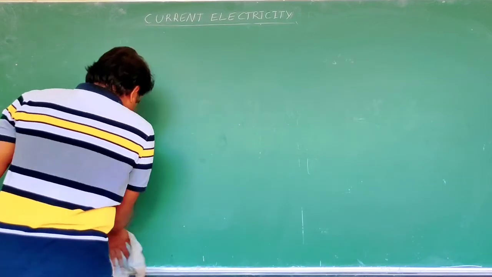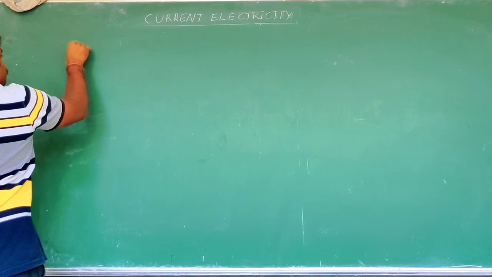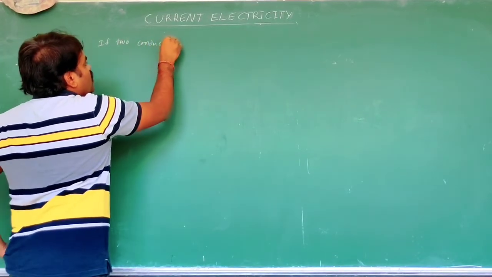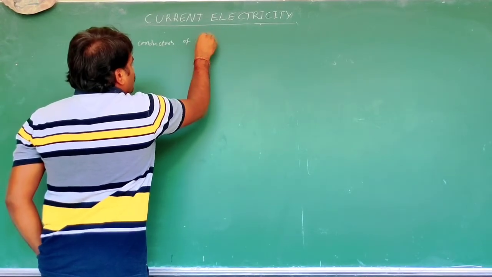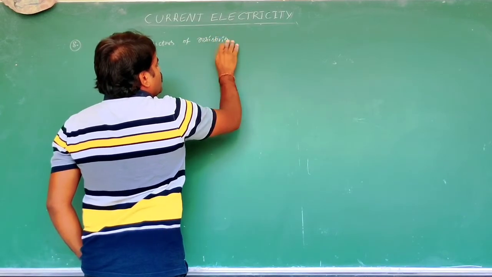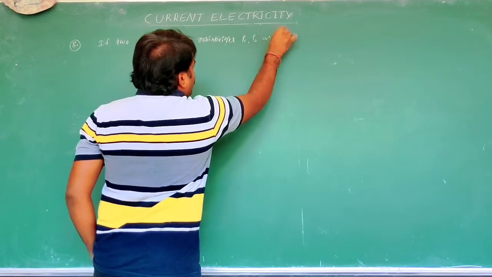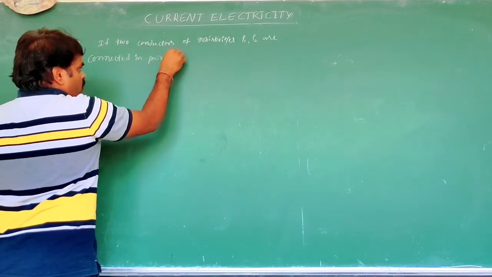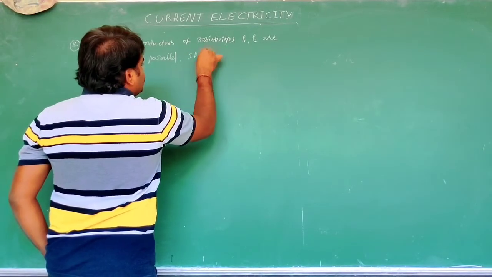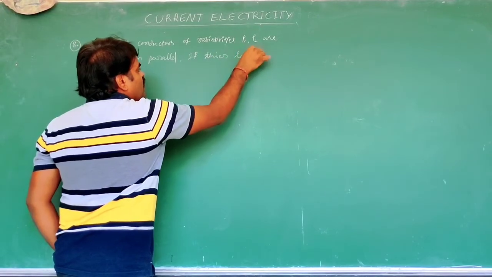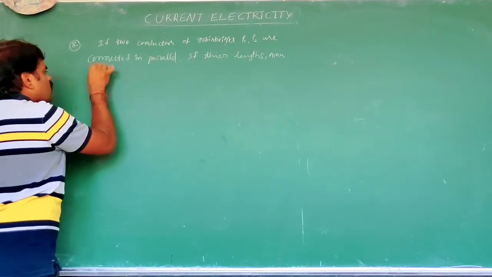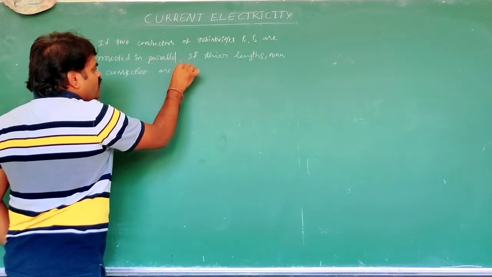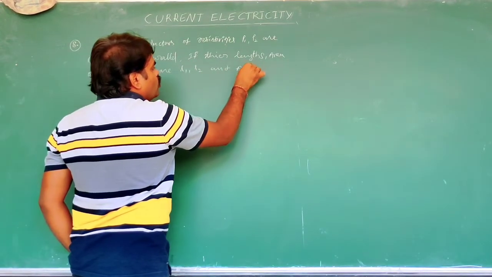Now, if two conductors of resistivities rho 1 and rho 2 are connected in parallel, and if their lengths and areas of cross section are L1, L2 and A1, A2 respectively.